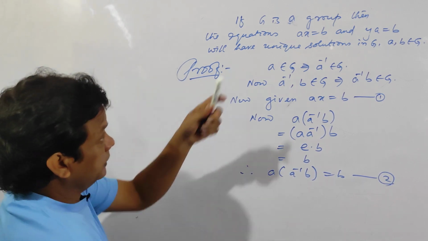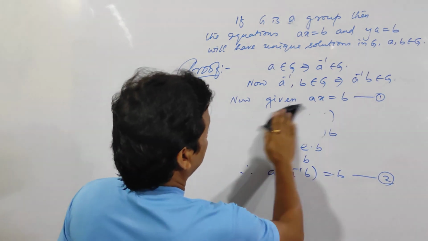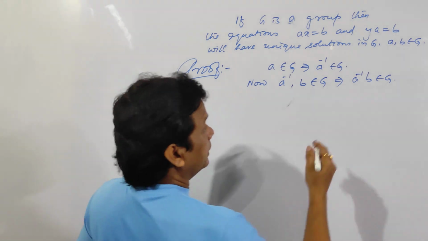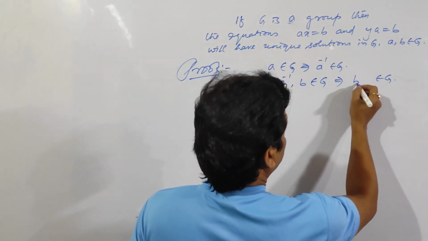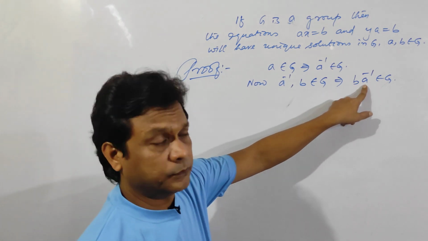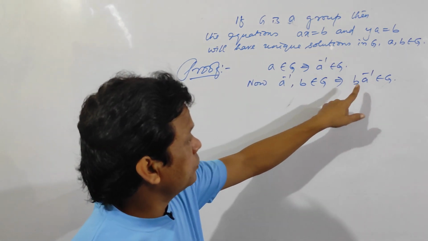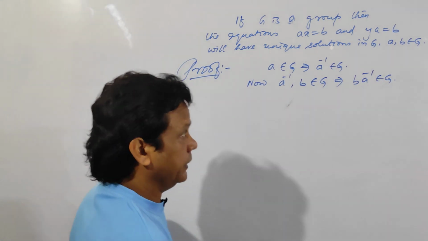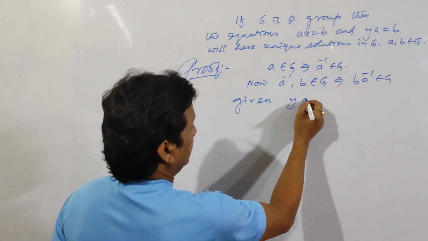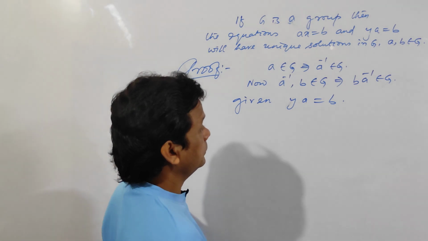Now we have to prove the second equation. For the second equation, here I can write B into A inverse belongs to G. It is also closure axiom. A inverse B belongs to G, so B into A inverse also belongs to G. Now, given YA is equal to B. Clear?